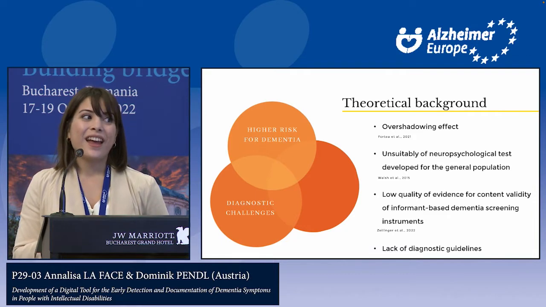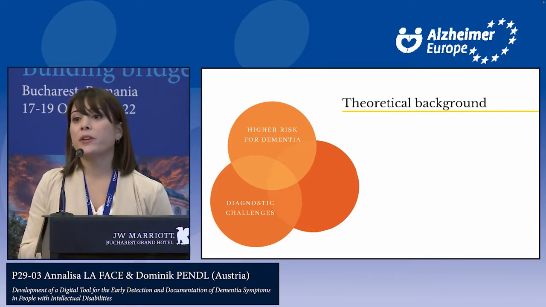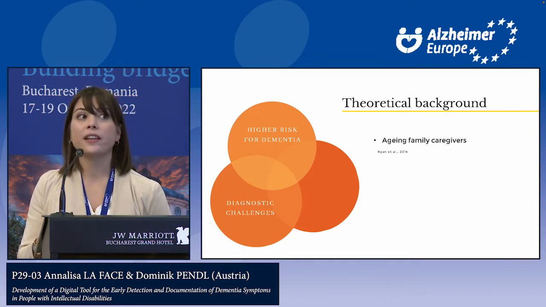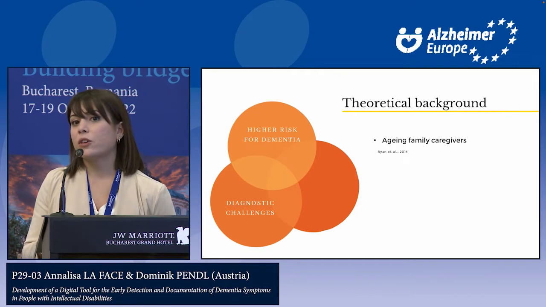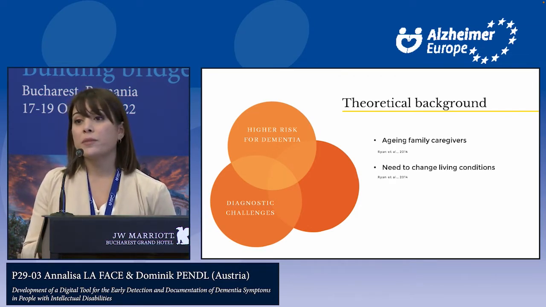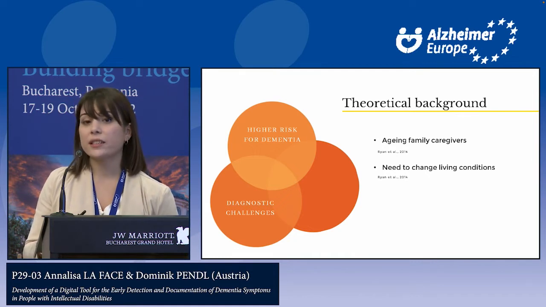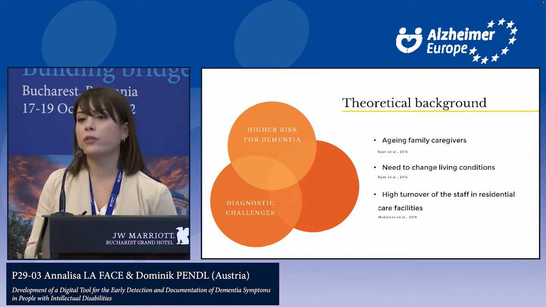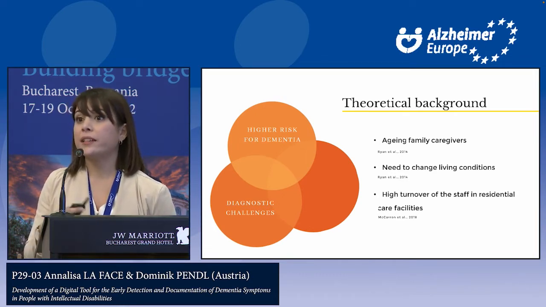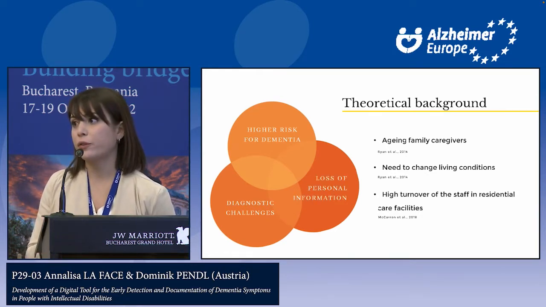And linked to those diagnostic challenges, we also have some peculiarities in the life of people with intellectual disabilities. Their family is also aging, and they sometimes need to move into care facilities where there's a high turnover of staff. So formal caregivers don't always know the person so well, their history and the capabilities they had in the past, so we have a loss of personal information.